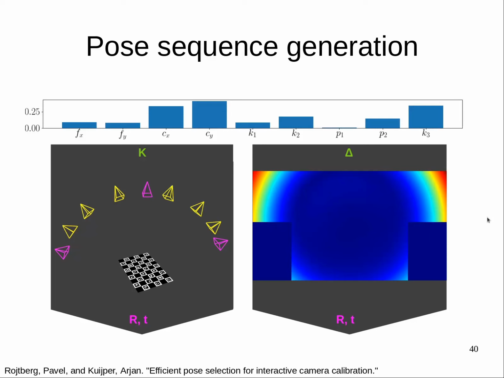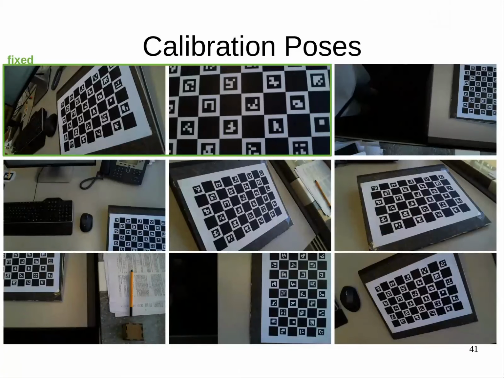Let's look now at an example of applying this strategy. So first we start with 2 fixed poses of the pattern, one where the pattern is tilted and one where it's parallel. The intuition behind this is that we now have a rough estimate for both the focal length or the intrinsic parameters in general and the lens distortion parameters.